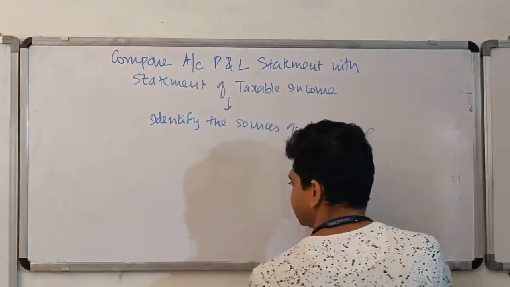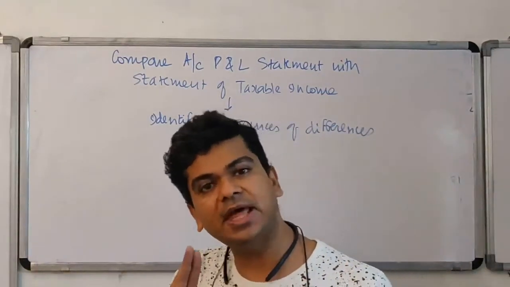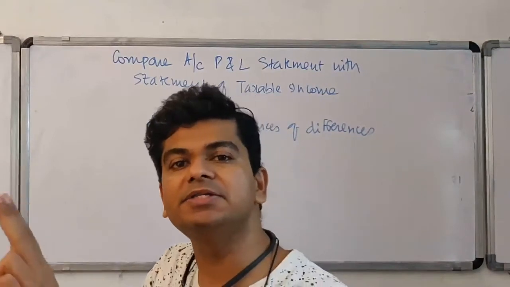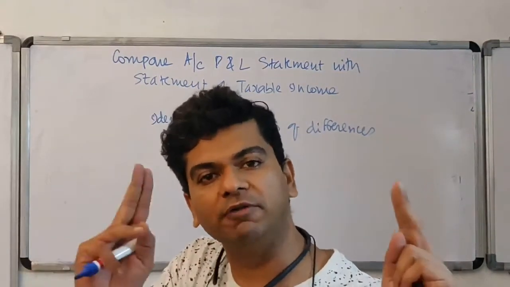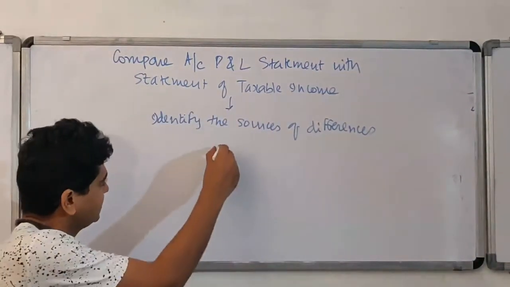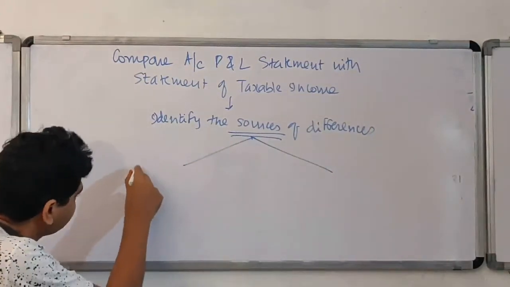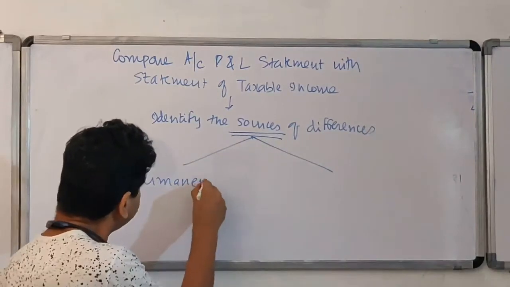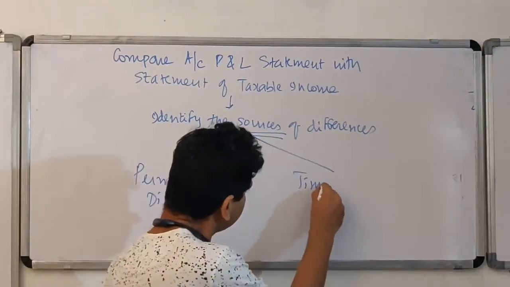Right? We should just ask ourselves, why are the two different? Why is it that the profit as per my P&L and the income that is taxable as per my computation of tax are different? So I should identify the sources of differences. And these sources of differences should be classified into permanent differences and timing differences.